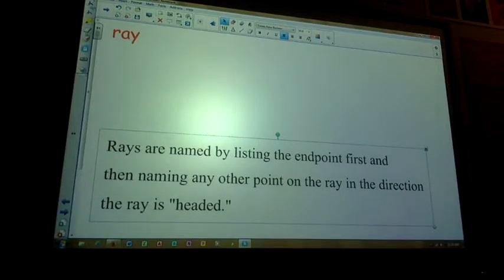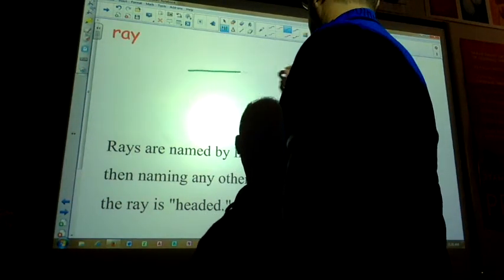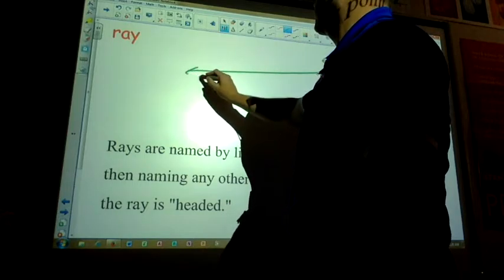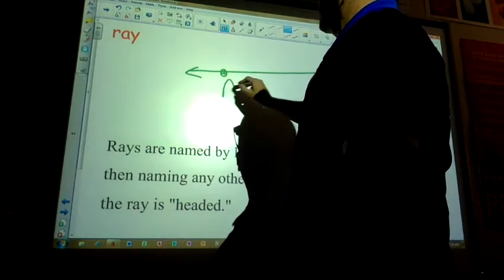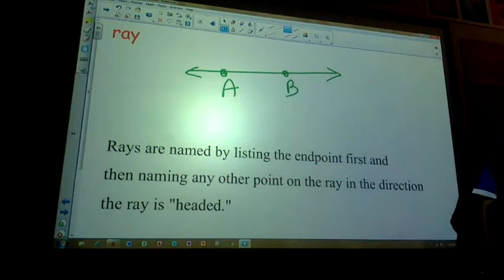Rays are named by listing the endpoint first, and then naming any other point on the ray in the direction that it is headed. Okay, so line AB, yes?